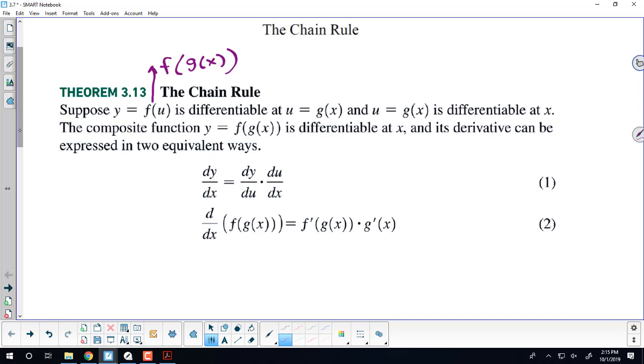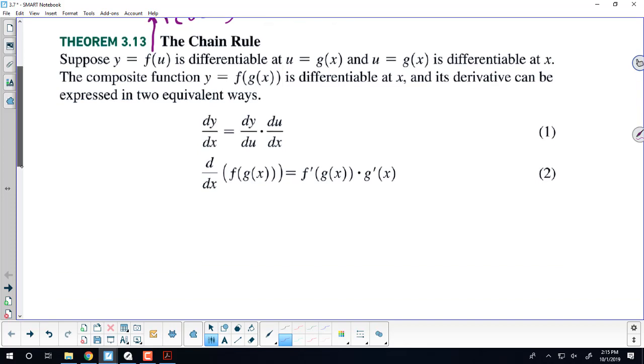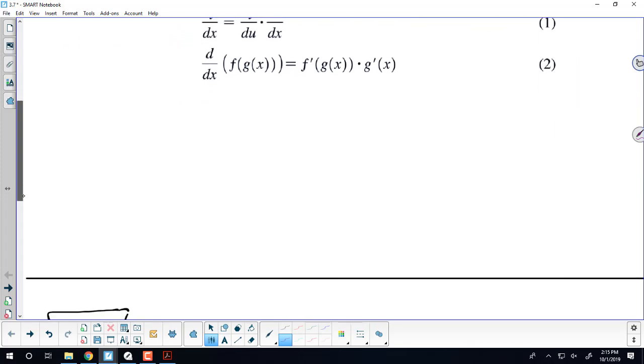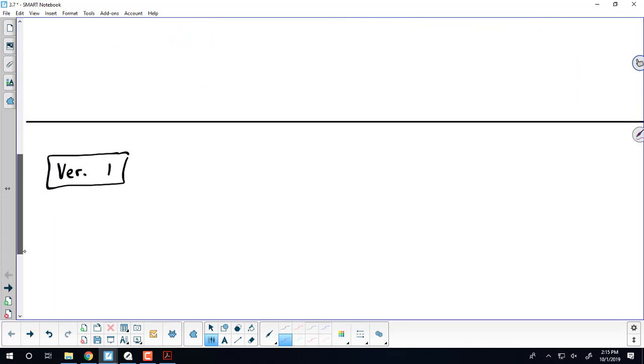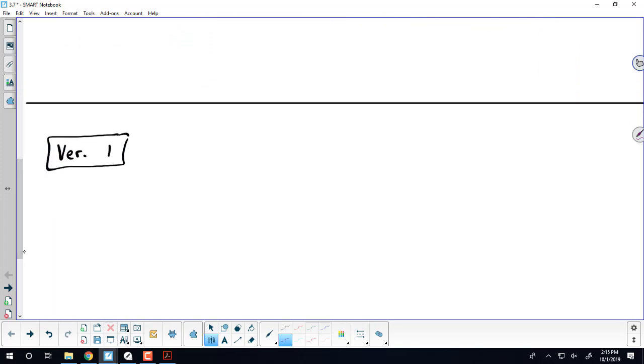The composite function f of g of x is differentiable at x, and its derivative can be expressed in the two ways shown. So here, we'll note what both of these versions are saying. Version 1 involves a substitution.